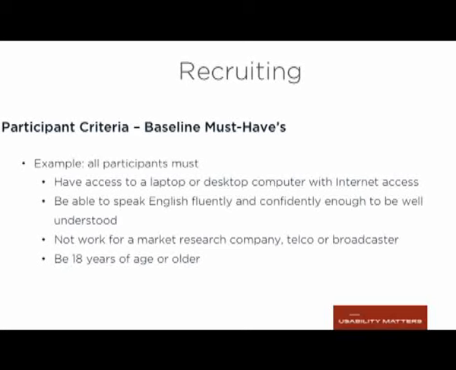You probably want to ensure that your participants are comfortable enough in the language of the study so that they can make a meaningful contribution. So if the study is being conducted in English, you'll want to assess whether or not somebody's ability to speak and understand English is sufficient to participate. And it's also typical to exclude industry insiders like Terry and Anita and myself, as we know a little bit too much about the guts of the market research process.